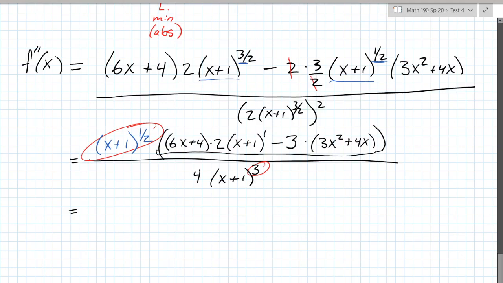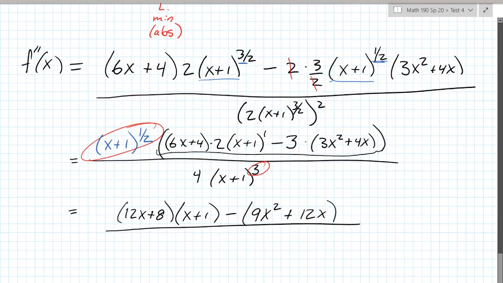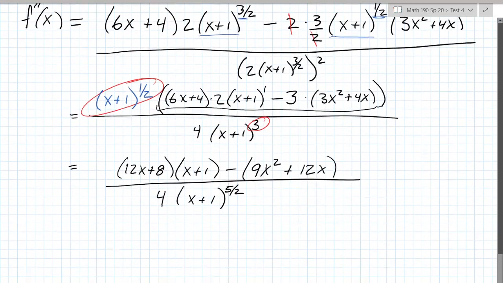So let's distribute up top 12x plus 8, multiplying in the 2. Next step, we'll FOIL that. Let's distribute that 3. We could do that and that. All over 4 times x plus 1 to the 3/2 minus 1/2 is 5/2.